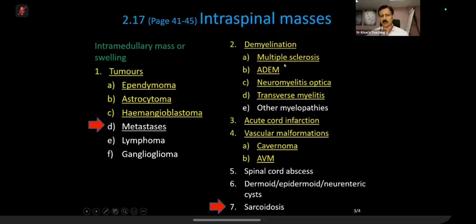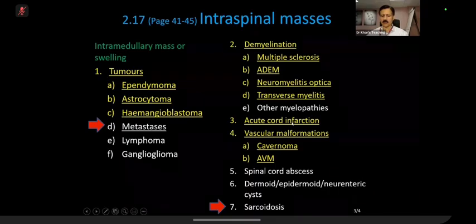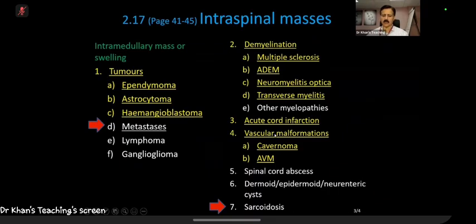These things are important: multiple myeloma, multiple sclerosis, acute disseminated encephalomyelitis, neuromyelitis optica, transverse myelitis. I will tell you today what is the difference between these. Cord infarction is important for the exam, and vascular malformations are important. All of these things are important.